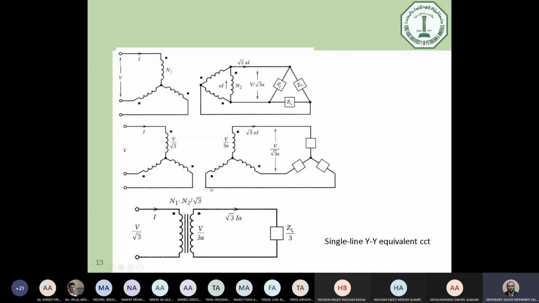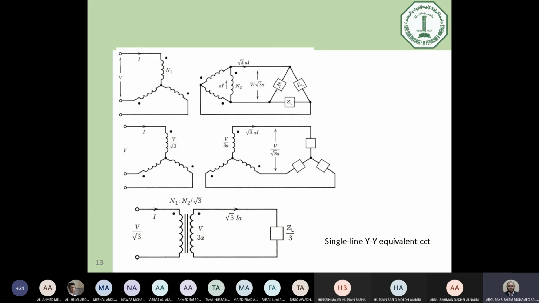In this case, if you divide the voltage here over the voltage there, you will find that the turns ratio became N1 over N2 divided by square root of 3. It's not like before. Why this? This is only because of the virtual connection.